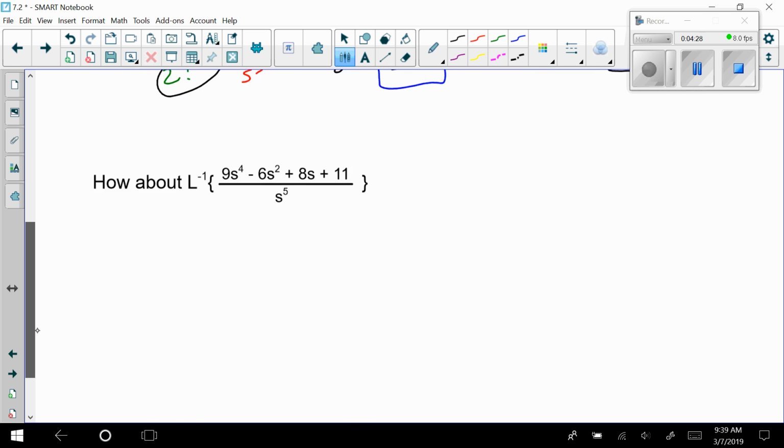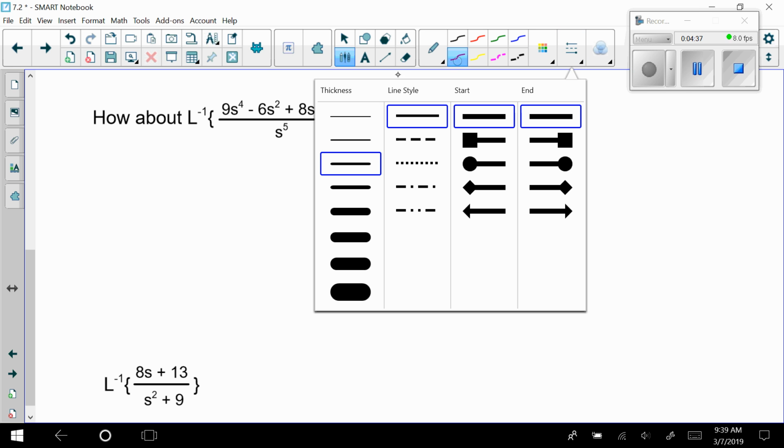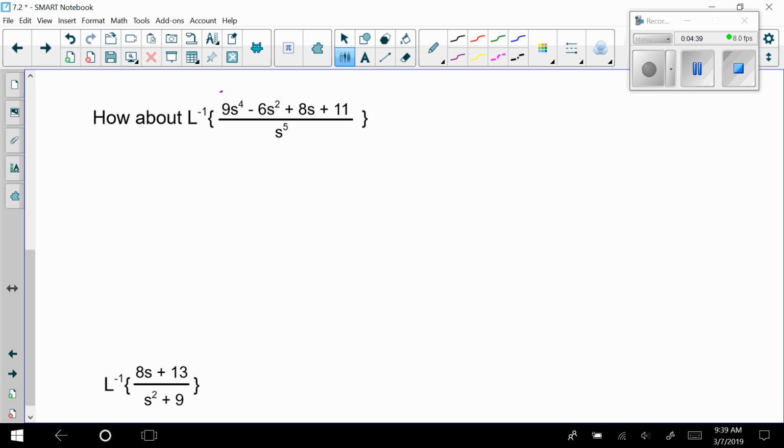We're going to try this again, so let's try a bigger problem. Here I have the inverse Laplace of this bigger one. When I write it out, I'll break it down first. This would be 9 over s to the 5th, minus 6s squared over s to the 5th, plus 8s over s to the 5th, plus 11 over s to the 5th.